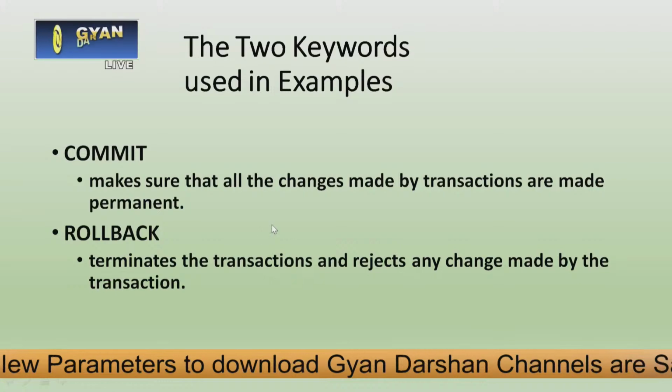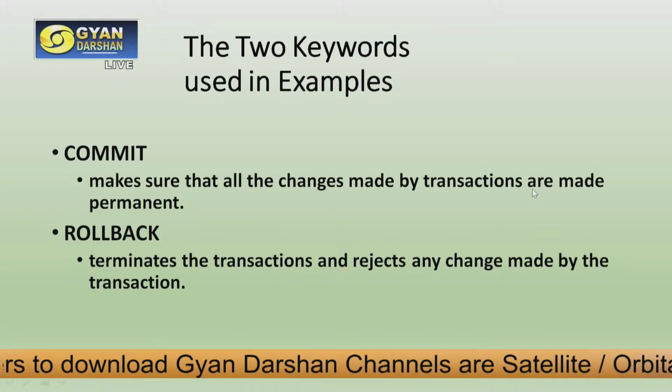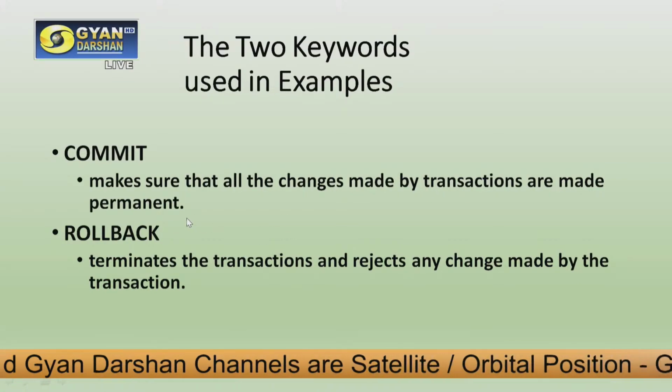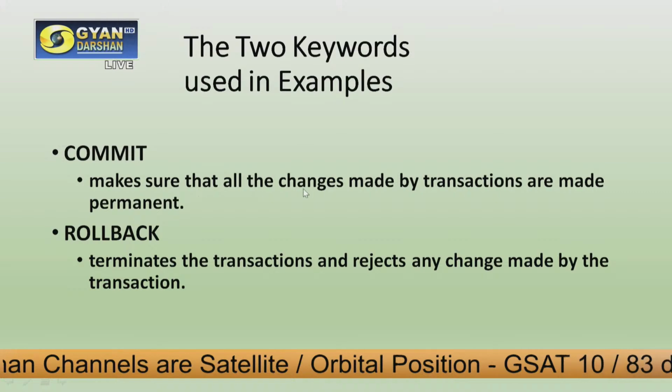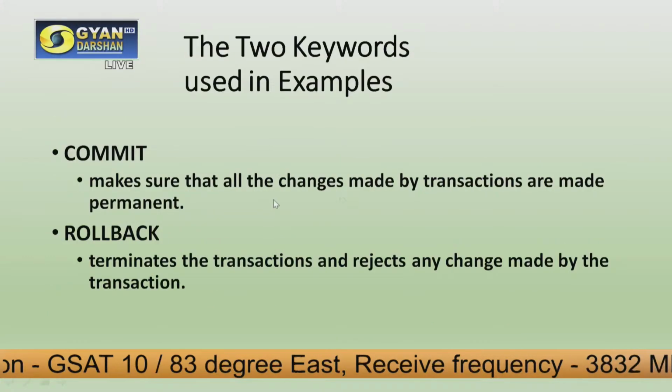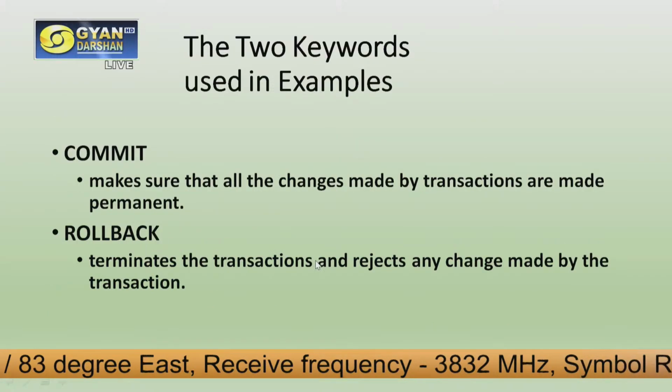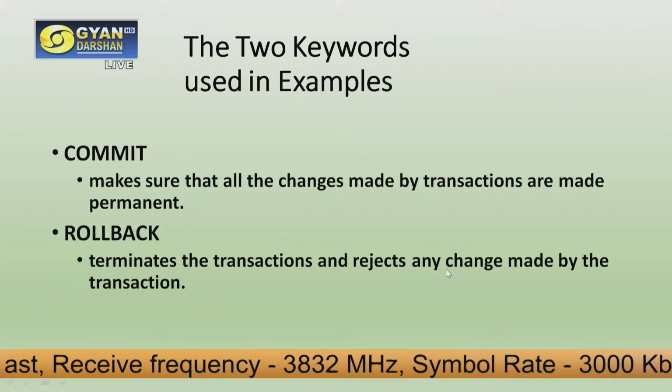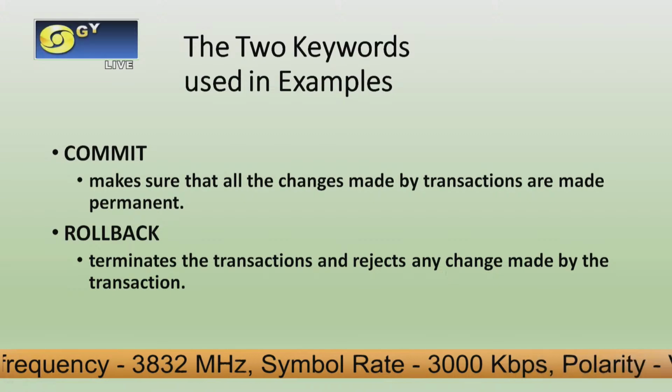Now the commit marker makes sure that all the changes made by the transaction are made permanent. Okay, so in a sense, you are forcing the database to write this particular information back to secondary storage. Okay, and rollback terminates the transaction and rejects any changes made by the transaction.